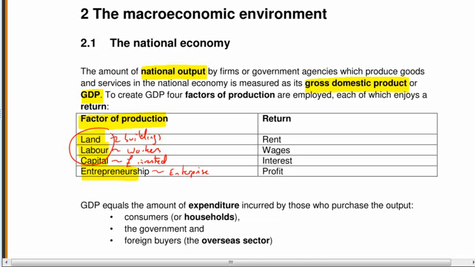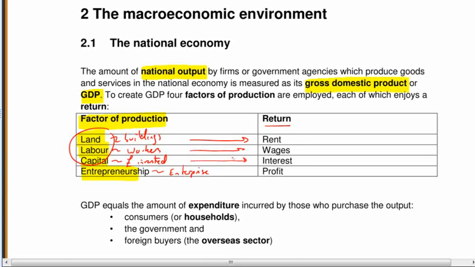Now, each of these factors of production earn returns or rewards. And again, in the world of economics, the reward for land is rent. So imagine you're a landlord, you let somebody else use your land, you receive rent for that. The reward for workers is obviously wages. The reward for capital is interest.